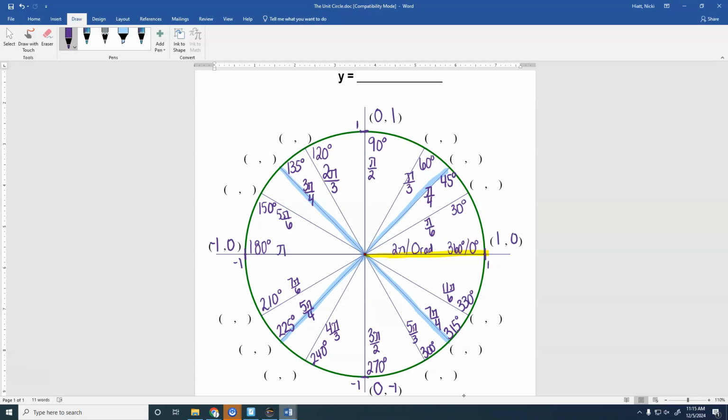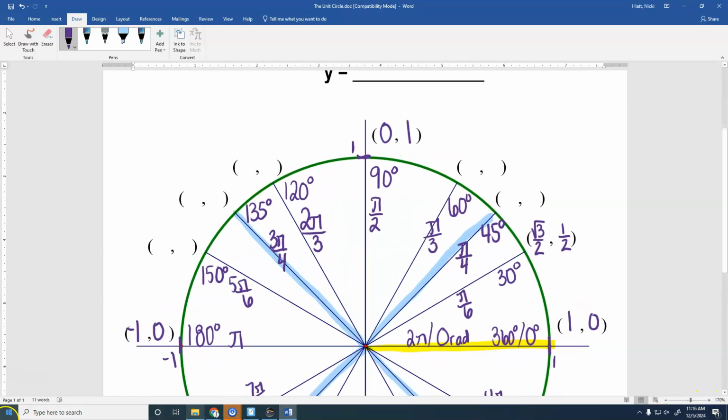All right. I'm going to tell you what these are. I'd love to tell you why, but there's no time for it. This one is square root of 3 over 2, 1/2. Square root of 3 over 2. I'll zoom in to that first quadrant a little bit so it's bigger.